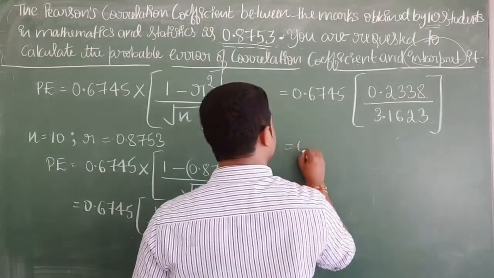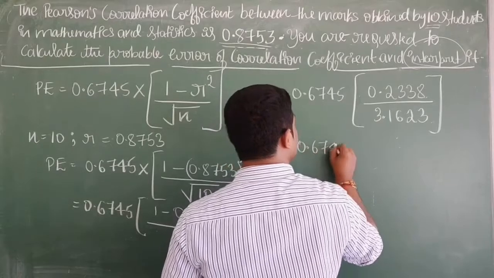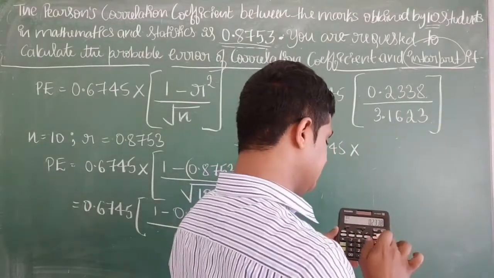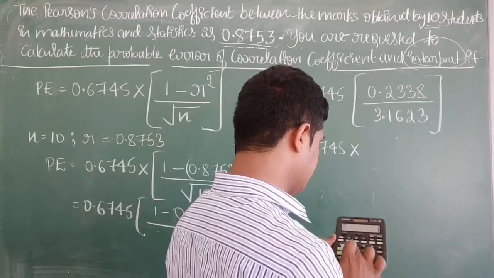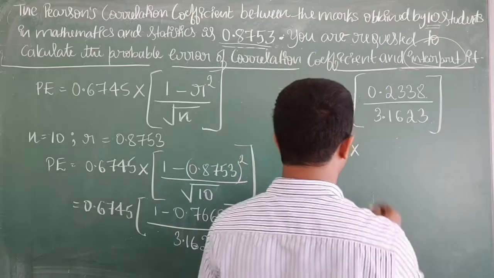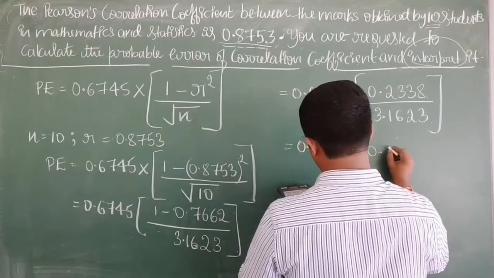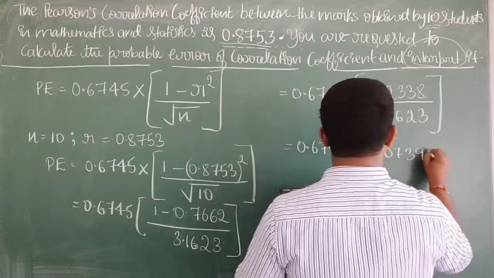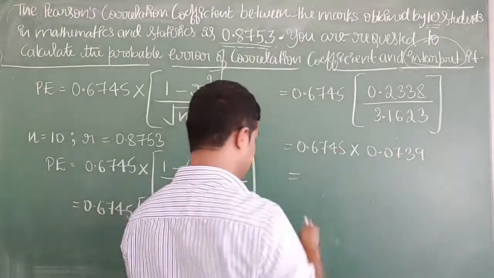Now let me calculate the quotient: 0.2338 divided by 3.1623, use your calculator, which is 0.0739. Now I have to find the product between these two.